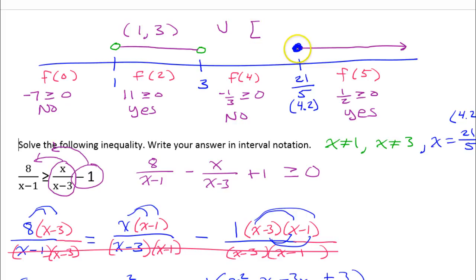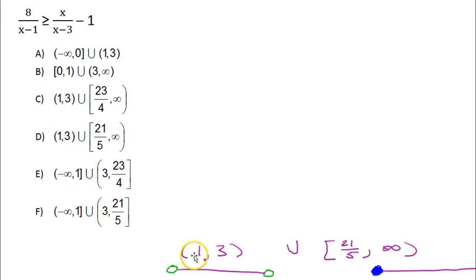This point is to be included, so 21 over 5 with a square bracket to positive infinity. So that is our solution set in interval notation. Comparing this to the solutions that were given, it looks like the answer matches choice D. So the answer should be D.